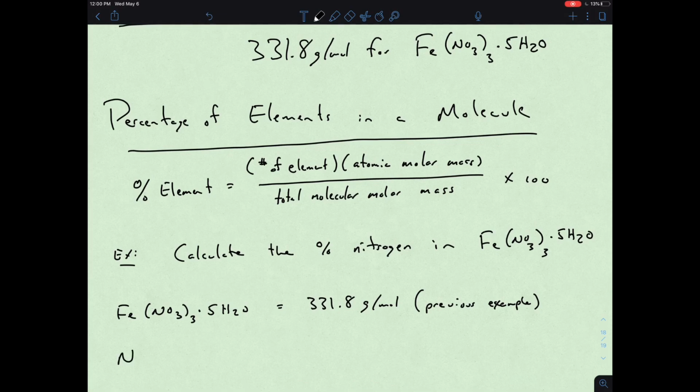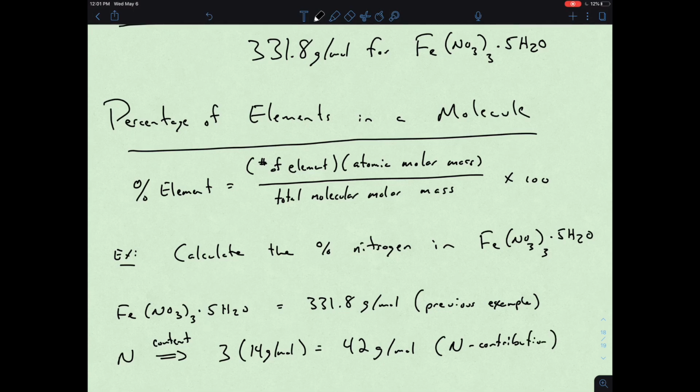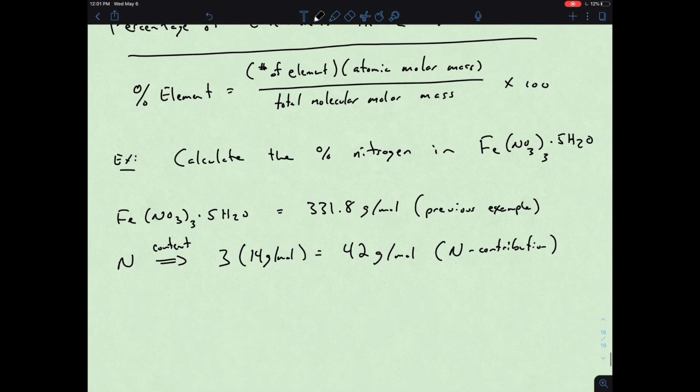As far as the nitrogen content, well, there were 3 of them times our 14 grams per mole, or we have that total of 42 grams per mole. So this is the nitrogen contribution to the molecular molar mass.